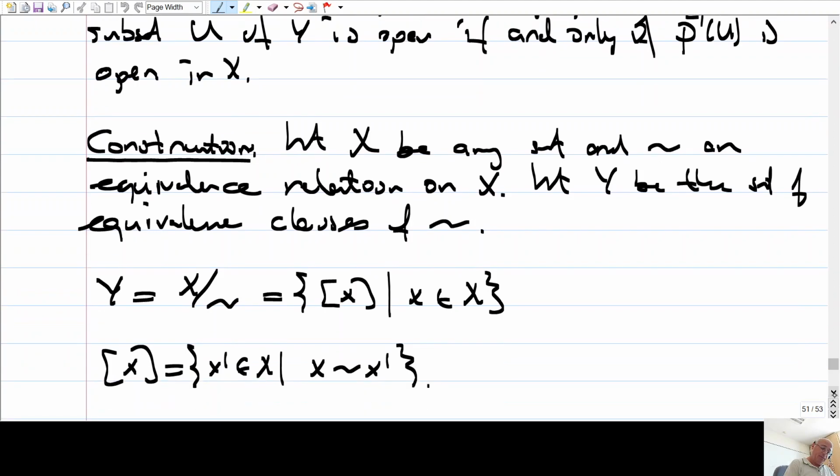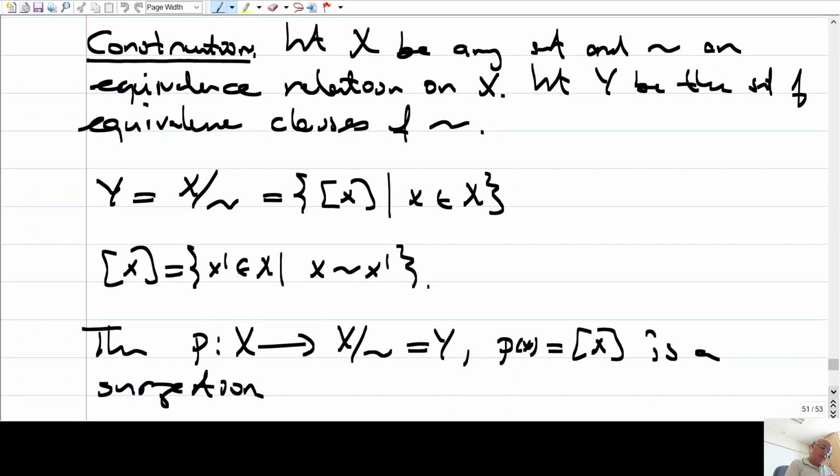And then we saw that putting an equivalence relation on a set X is the same thing as writing down a function from X to another set, but as a surjective function.